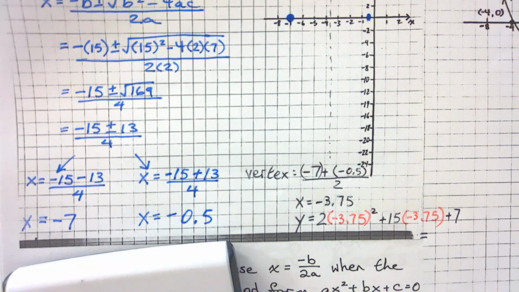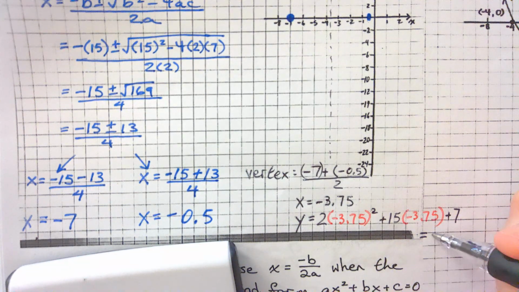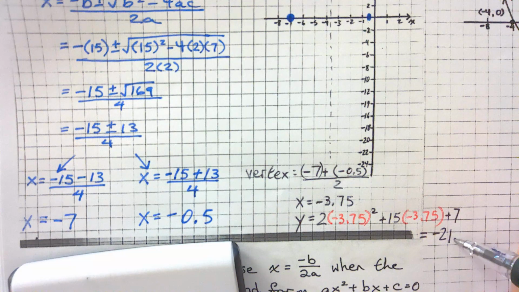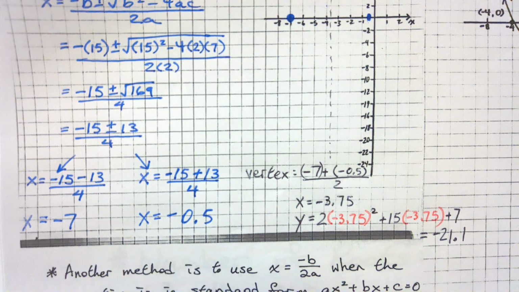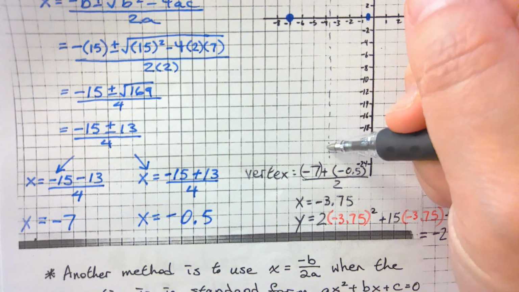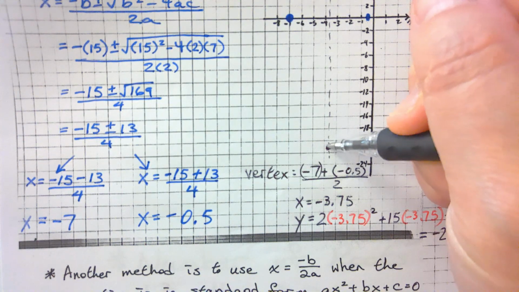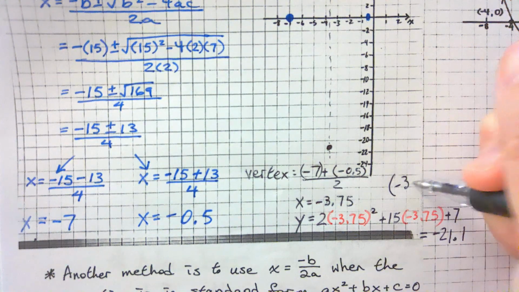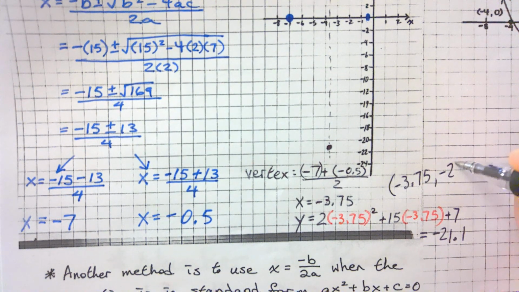What do you get? I get negative 21.1, around that. Negative 21.1, which is about right here. All right, so my vertex, negative 3.75 and negative 21.1.